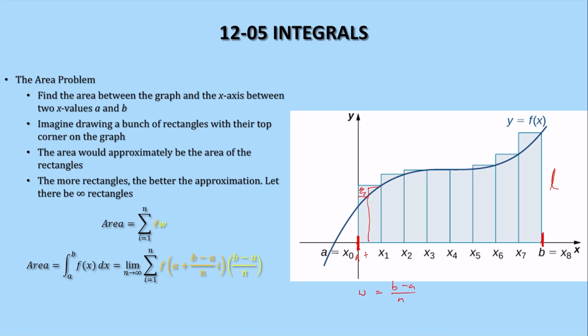So we have our a plus our width. But if I want this last one down here, I'm going to have the width times the number of rectangles that we've already done. So we have our a, plus our width times the number of rectangles we've already done.